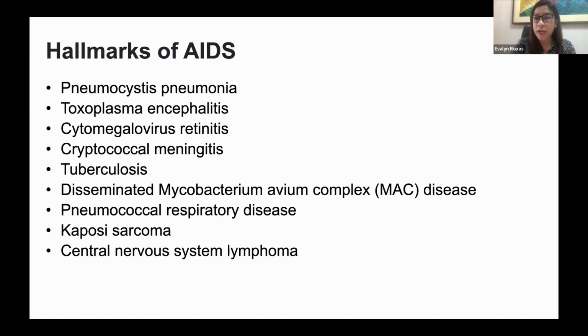These are the hallmarks of AIDS, like pneumocystis pneumonia, toxoplasma encephalitis, CMV, cryptococcal meningitis, as discussed by Dr. Janice a while ago, TB, disseminated MAC, pneumococcal pneumonia, Kaposi sarcoma, and CNS lymphoma. These are considered AIDS-defining illnesses, but are also classified as OIs.